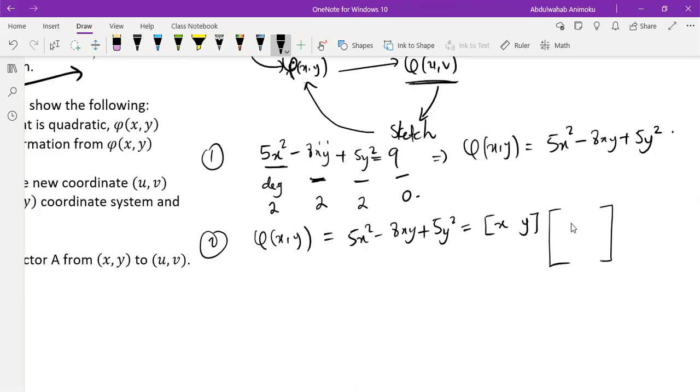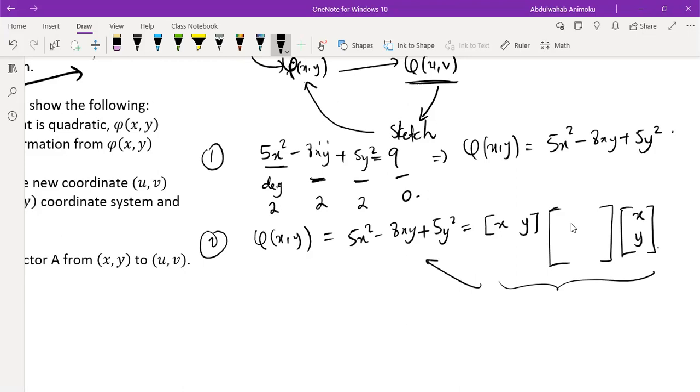We'll talk about the entries of this matrix in a bit. Now we need to determine what must be inside this matrix for the overall multiplication of these three items to give us the left-hand side.